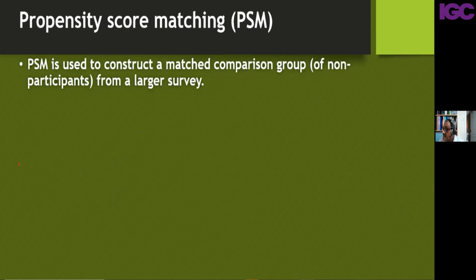Suppose, say, you have a survey of farmers who participated in the program, and then you have a larger survey of, say, non-participating farmers from some other survey, from a larger household survey. Then you can use propensity score matching to construct a comparison group.